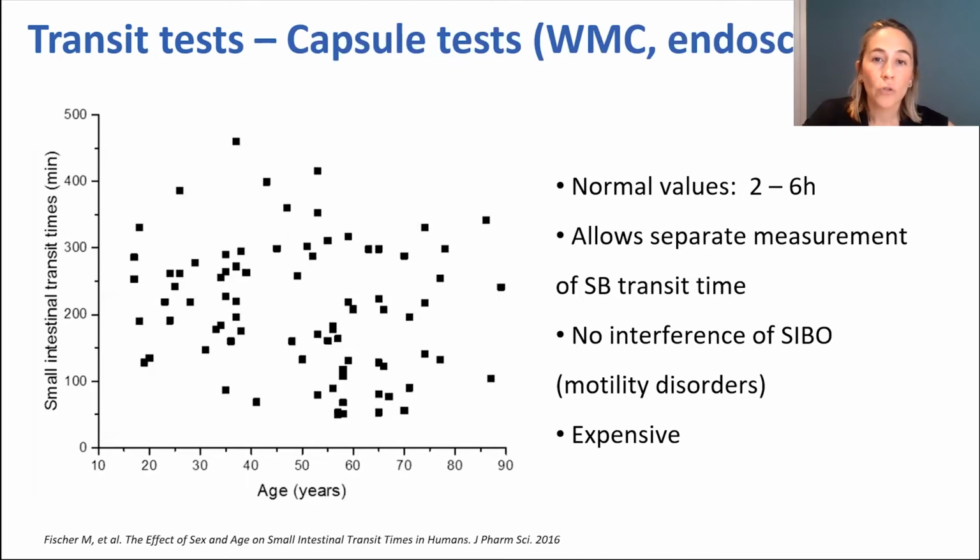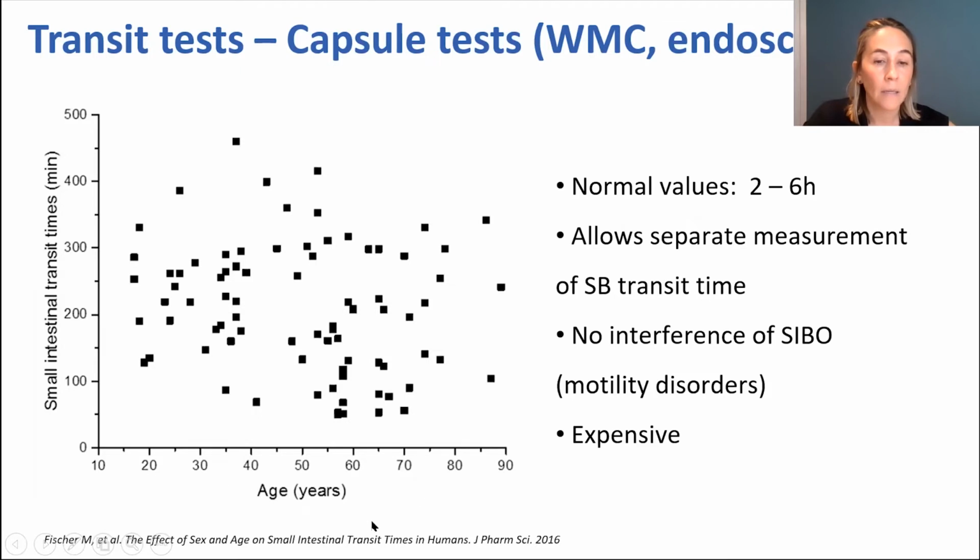Capsules may also be used to measure transit. We have the wireless motility capsule, and also the endoscopic capsule can be used to measure transit. But again, we have the problem of the enormously wide range of normal transit times.